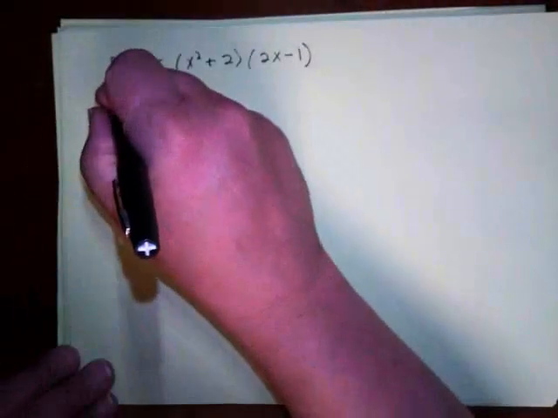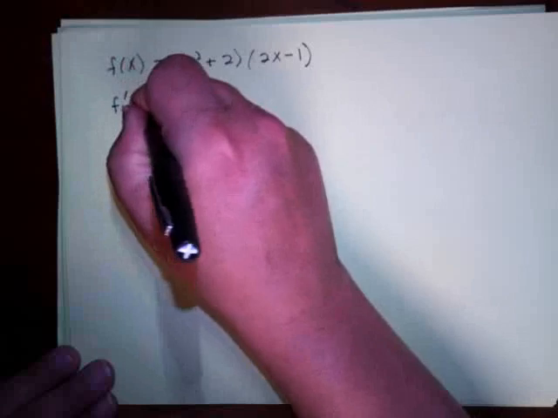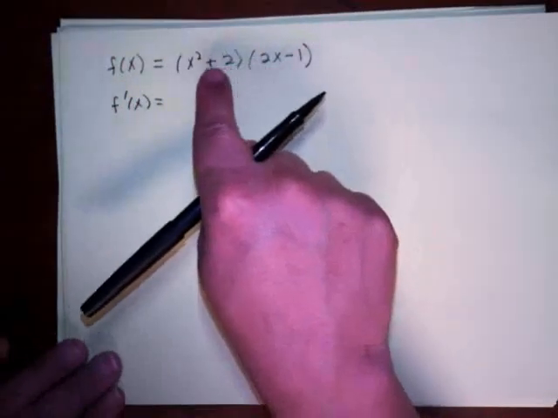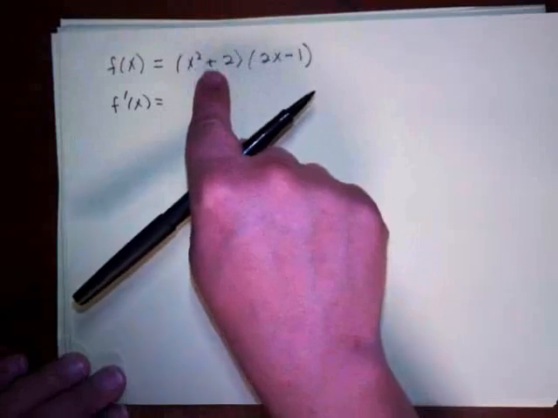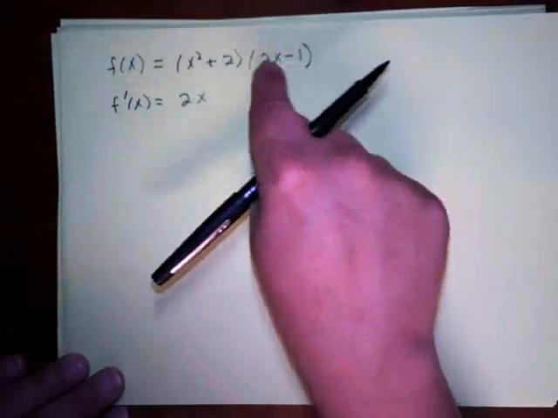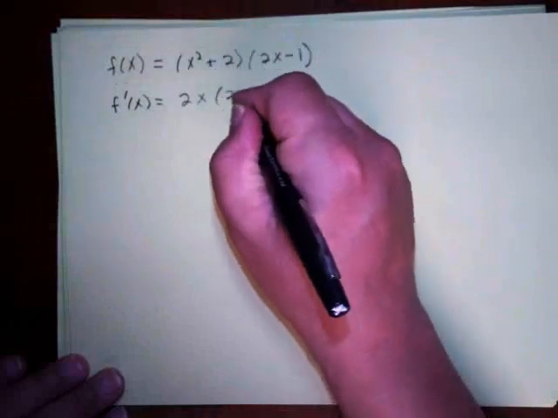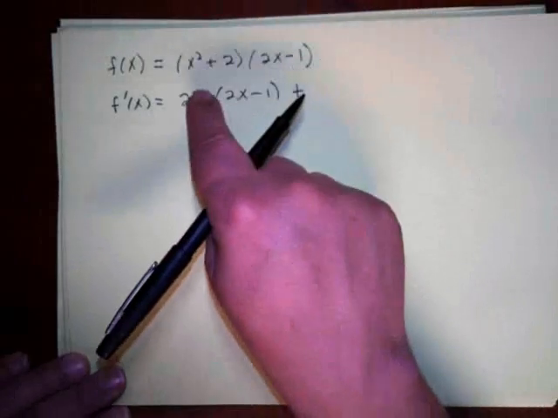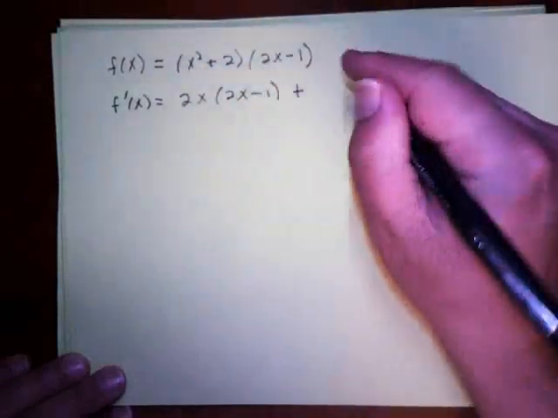Okay, and I'm going to find the derivative two ways. The first way is I'm going to use the product rule on these two. So it'll be the derivative of this, which would be just 2x, that constant would go away, times that, 2x minus 1, plus this times the derivative of that.